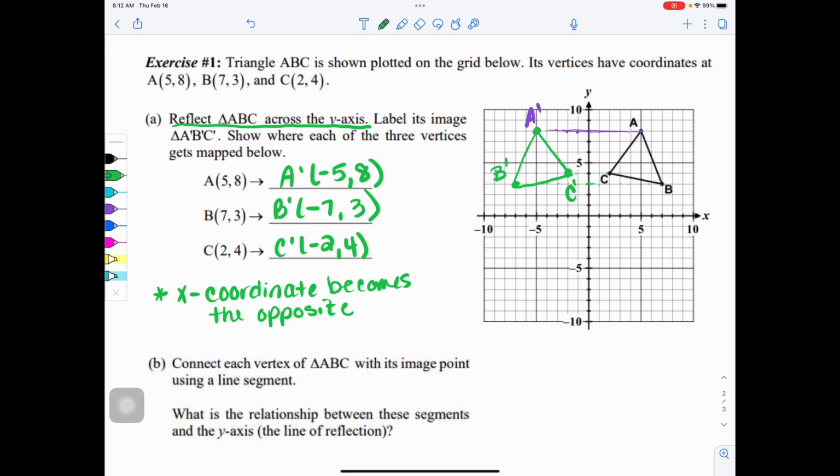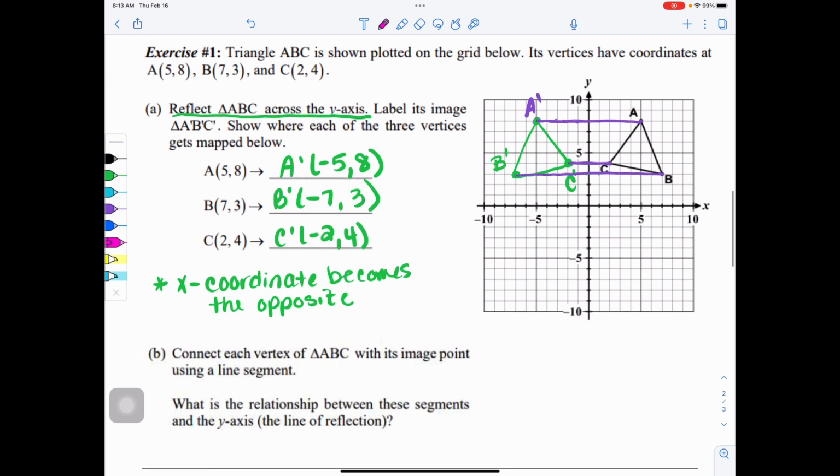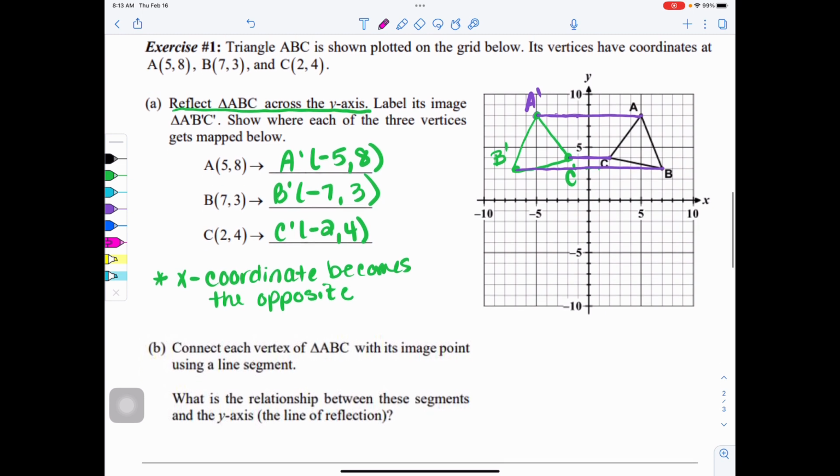Now we're going to connect each vertex of triangle ABC with its image point using a line segment. So I'm going to connect A to A prime, B to B prime, and C to C prime. So there are our segments. And it's asking us, what is the relationship between these segments and the y-axis, or the line of reflection?